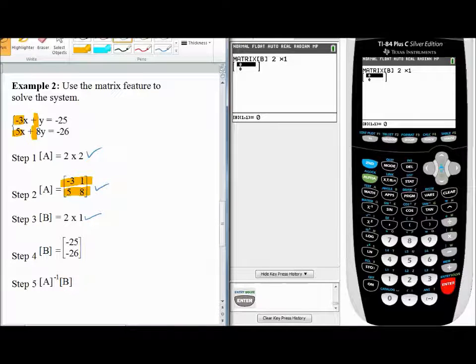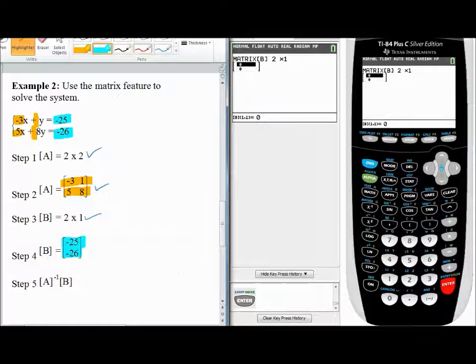Now you may be asking yourself, okay, now that's real pretty, but where are you going to get the numbers from? Well, I'm going to get the numbers from the constants. Here I have the top equation. It says equals -25. For the bottom equation, it says equals -26. That's where I got the numbers from, and I'm putting them in the exact same order, okay?